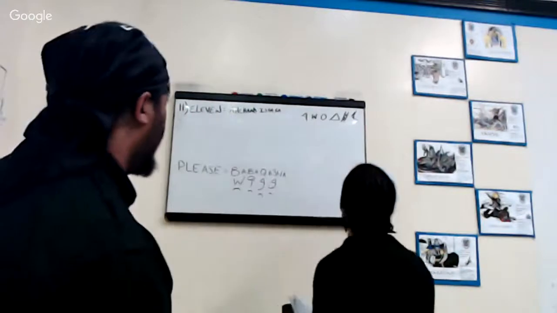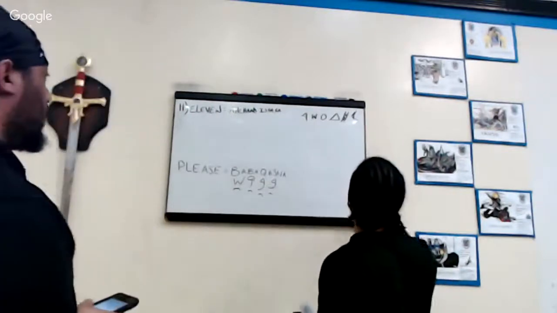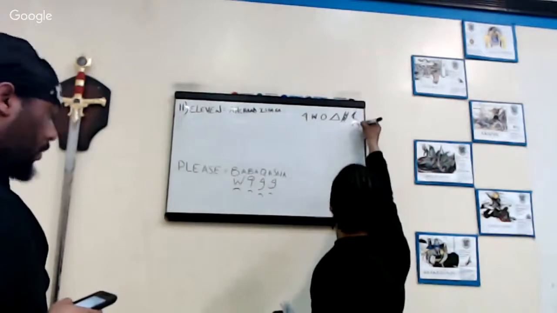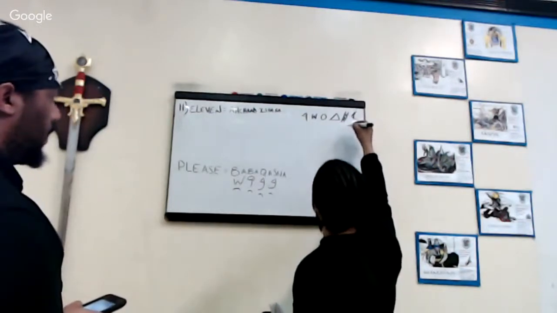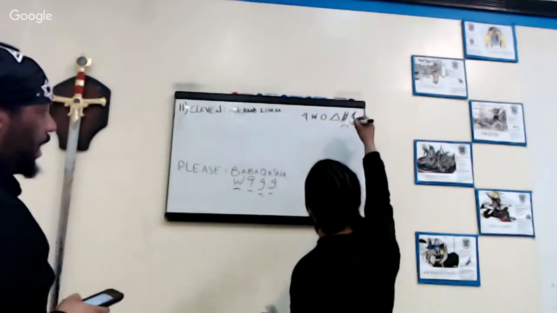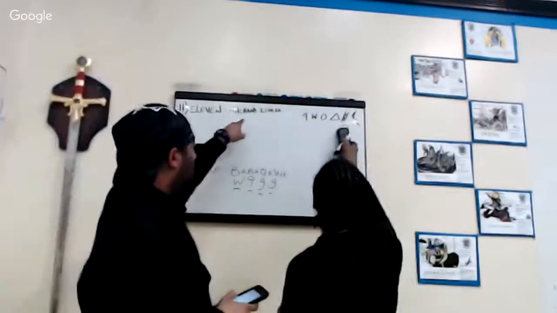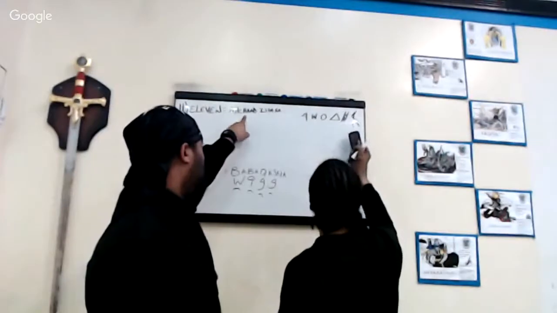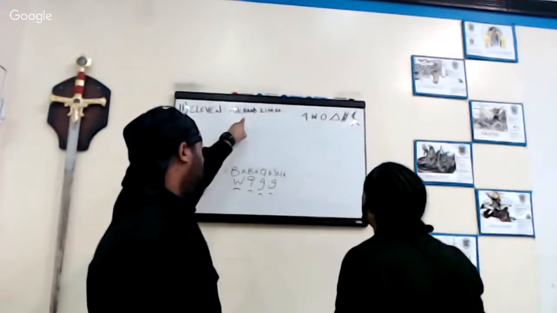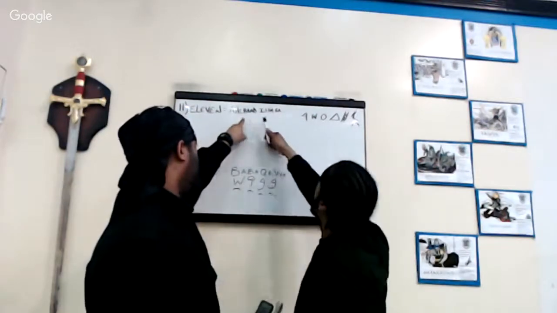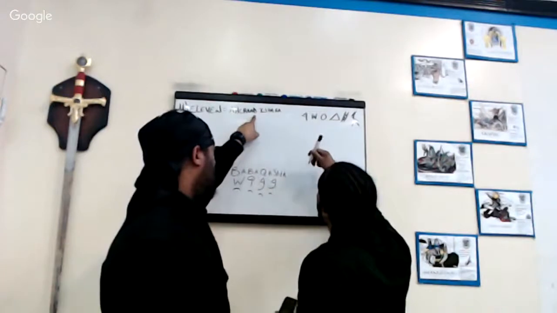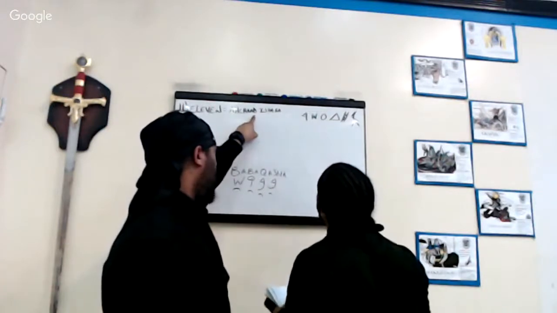Excellent. Now, let's connect it. No. La. What is this? Sha. No. Ka. Pronounce it correctly. Ha. And what is this? Da.